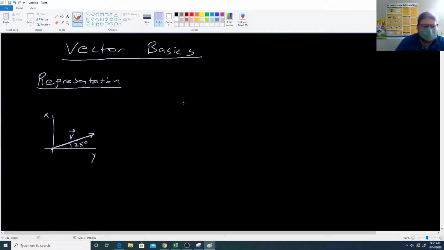Another method is we could list it by its x hat and y hat components. So we could say a vector v maybe is 3x hat minus 2y hat. If we wanted to draw this vector, we start at the origin. We go 3 units to the right for 3x hat, and negative 2y hat means we go down 2 units.